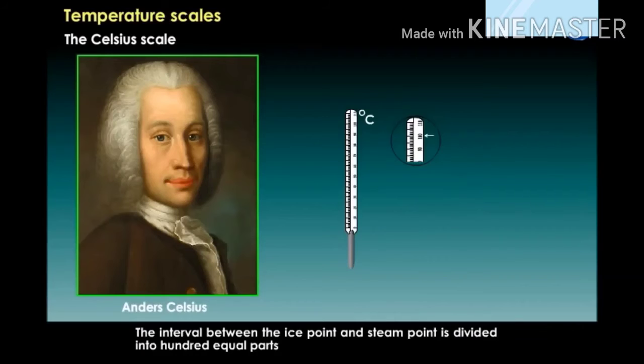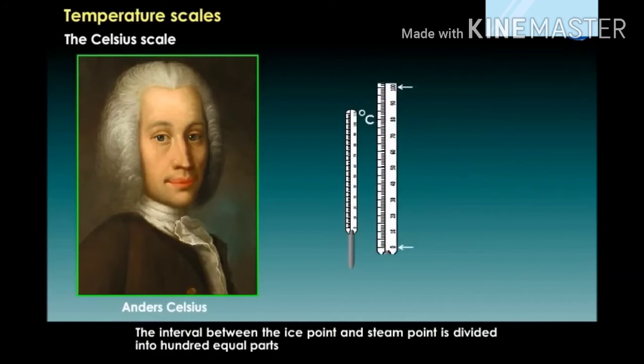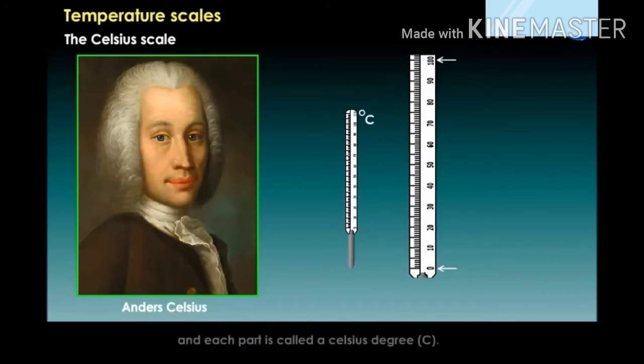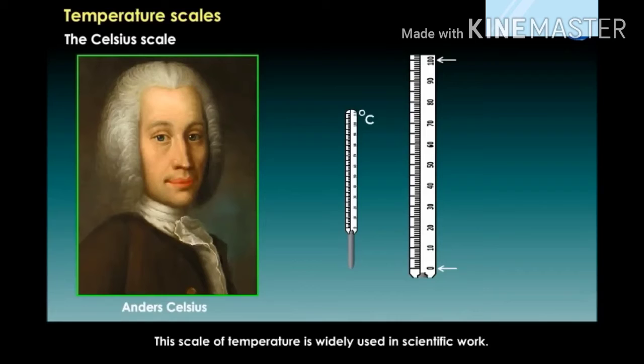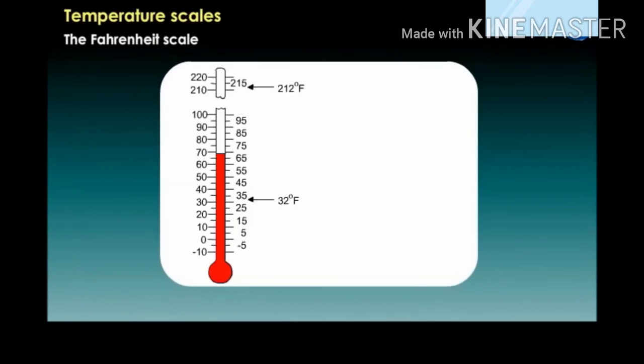The interval between ice point and steam point is divided into 100 equal parts. Each division is called 1 degree Celsius, denoted by degree capital C. This scale is widely used in scientific work.